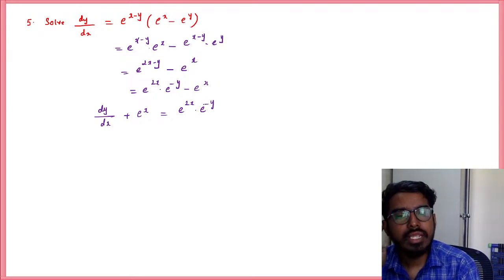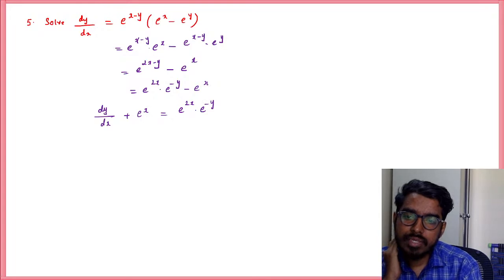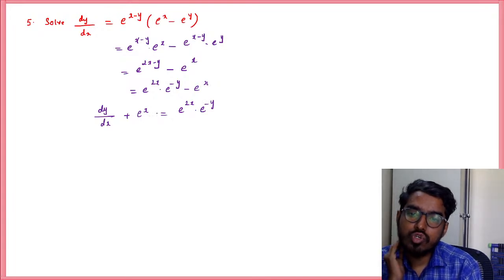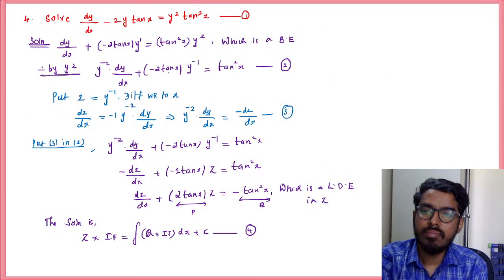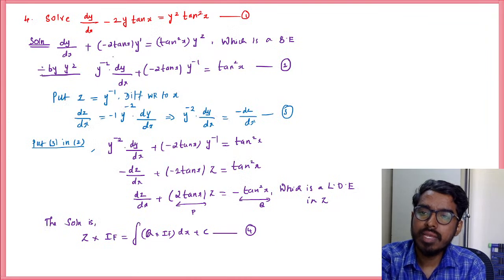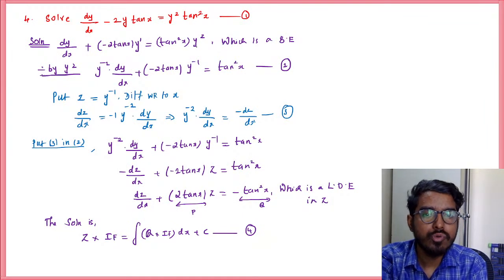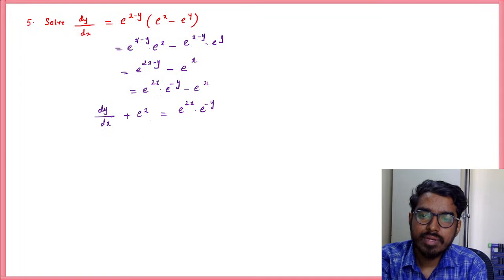Bernoulli's equation is, if you can see, dy by dx plus py is equal to q into y power n. But here we will have something different, right? So p is e power x here, but we don't have y here.